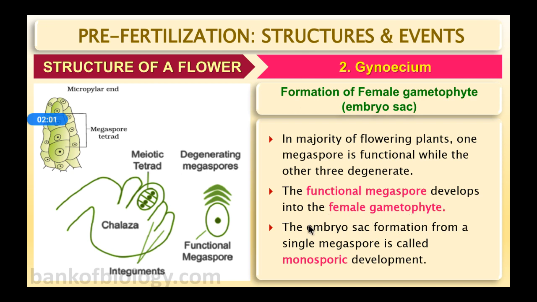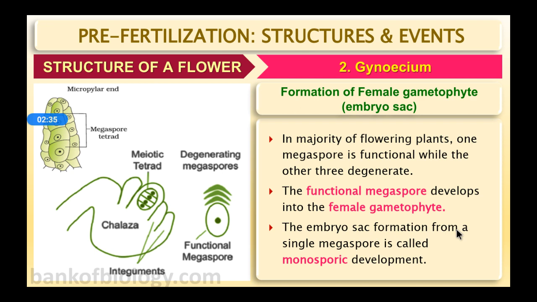The embryo sac formation from a single megaspore is called monosporic development. Mono means one, sporic means megaspore. The upper megaspores will degenerate and the basal megaspore will be functional and develop into the embryo sac.